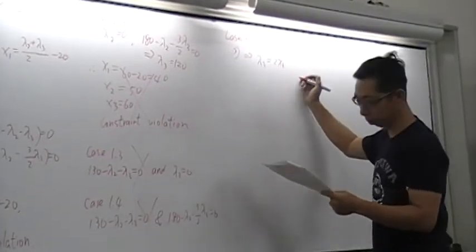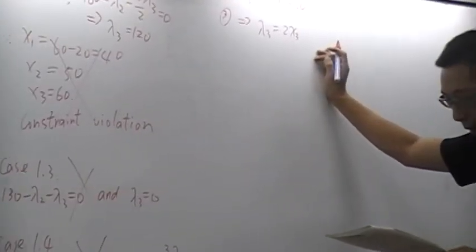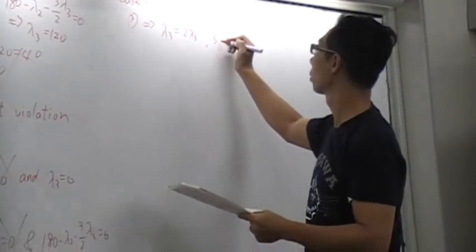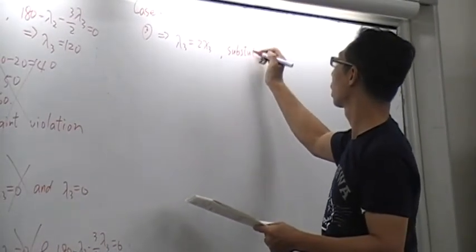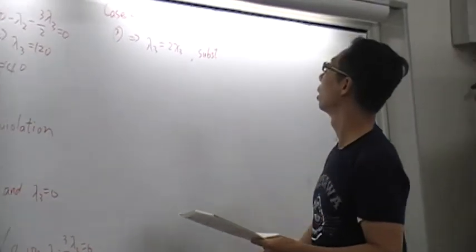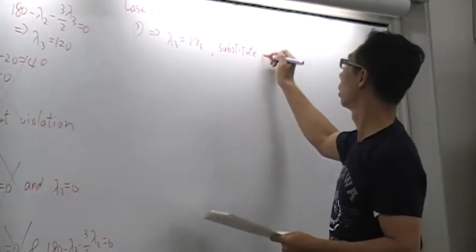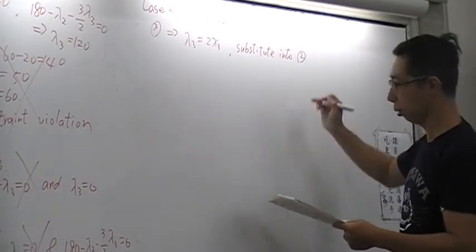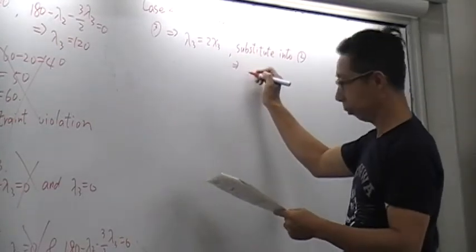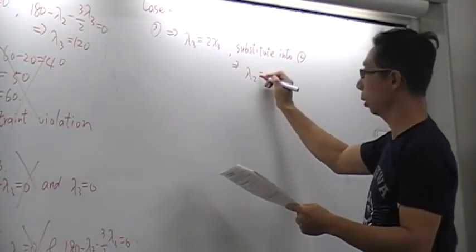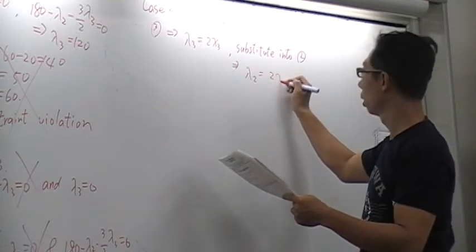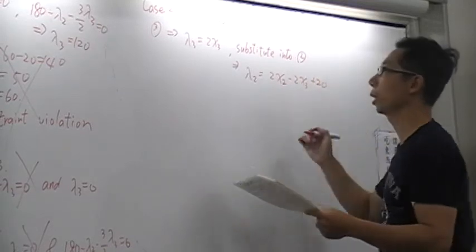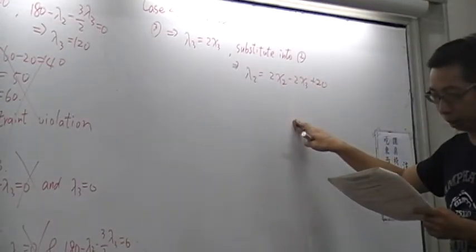Let's substitute. Equation 2, okay? And in this way we have lambda 2 equals 2x2 minus 2x3 plus 20. So that's lambda 2.